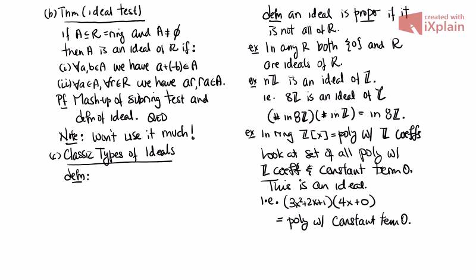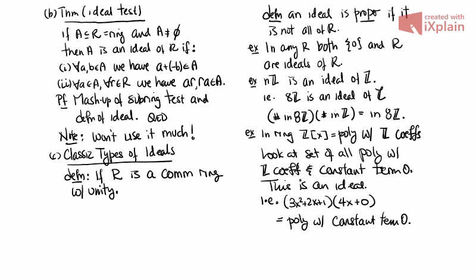In fact, most of the rest of the semester, most of the rings we ever look at will be commutative and they will have unity. Don't forget, a unity is a multiplicative identity, so think of it as just like the number 1. When you multiply by anything, it leaves it alone.